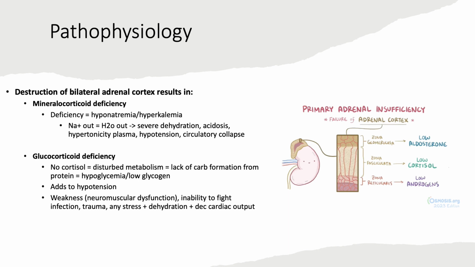Okay, so we know what the function of the adrenal glands are. So now we know the function, we can kind of understand the pathophysiology of the disease and subsequently the signs and symptoms. Because mineralocorticoids stimulate our sodium reabsorption and potassium excretion on a normal basis, a deficiency would cause the reverse.